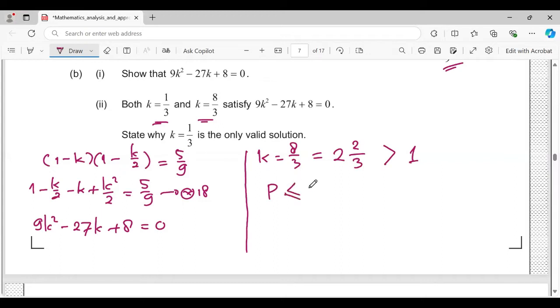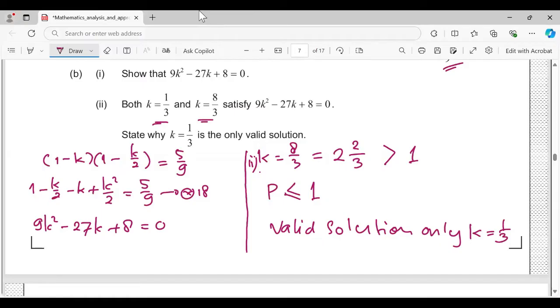So that's why the only valid solution is k equals 1 over 3.